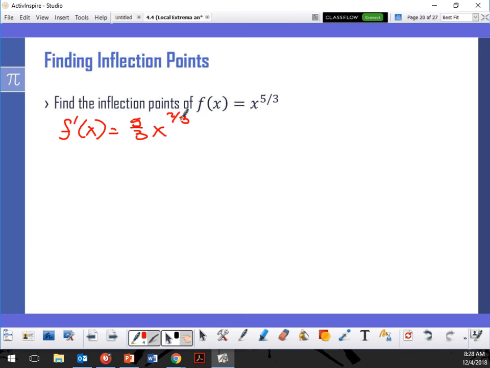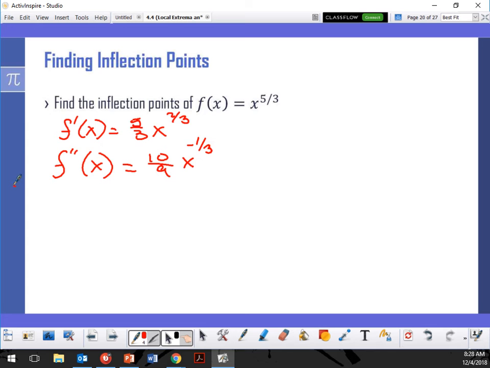So f double prime of x is equal to 10 over 9 x to the negative 1 over 3, because I'm subtracting 3 over 3 again.